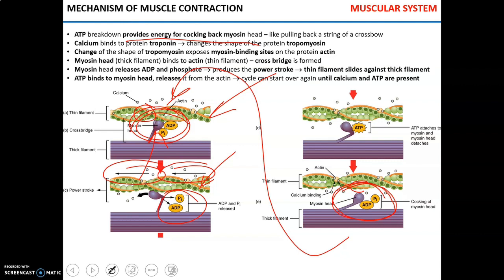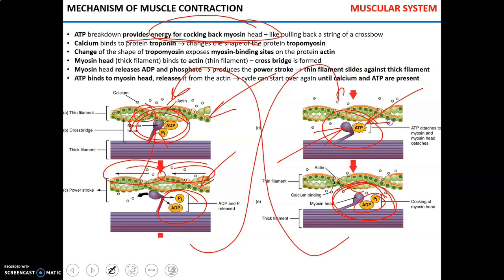So the thin filament slides against the thick filament, and then ATP binds to the head of the myosin, which detaches the myosin head away from the thin filament. ATP is broken down into ADP and phosphate, which cocks back the myosin head, and the cycle can start over again. And the cycle will continue as long as ATP and calcium are present.